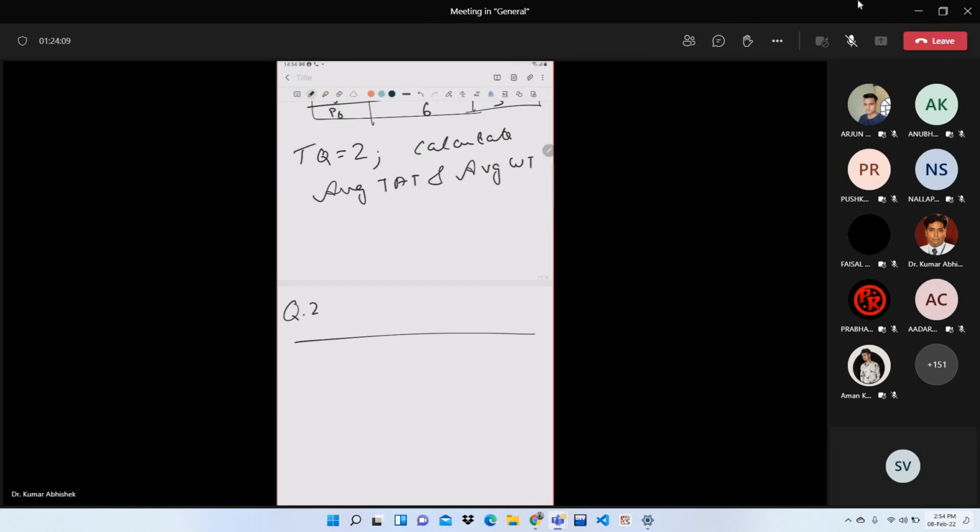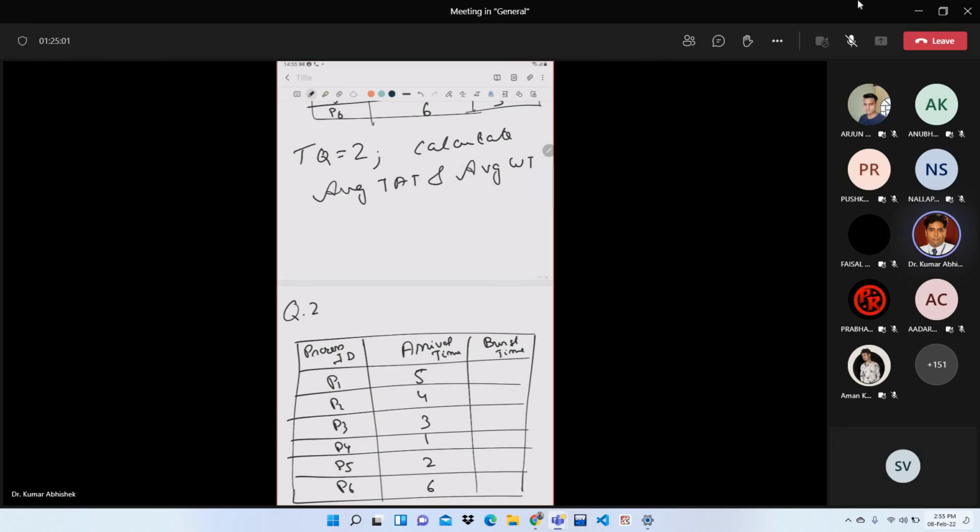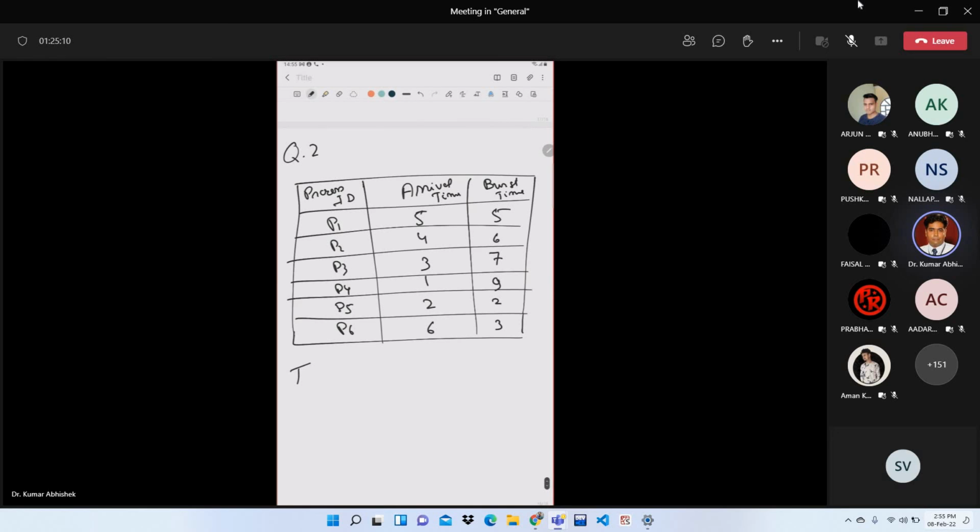Question number 2: here we have TQ is equal to 3.